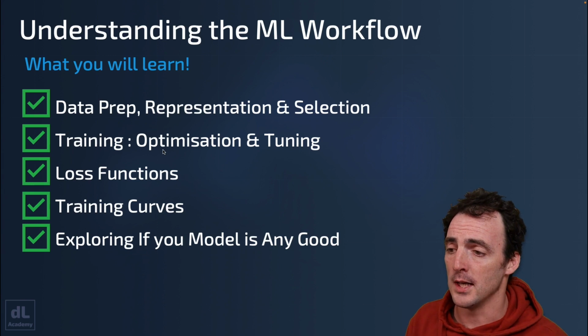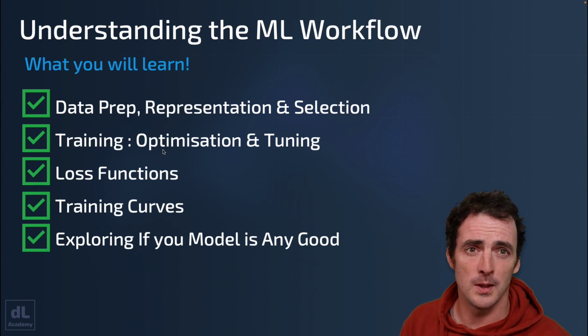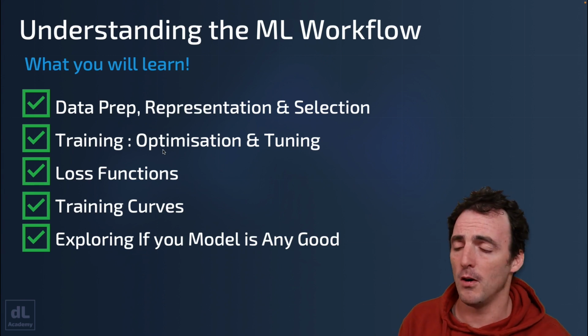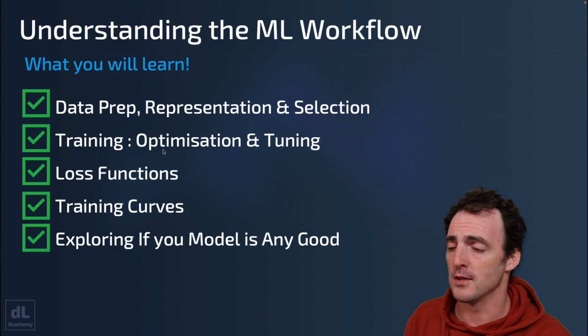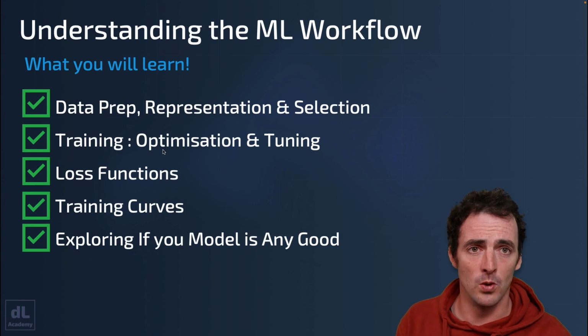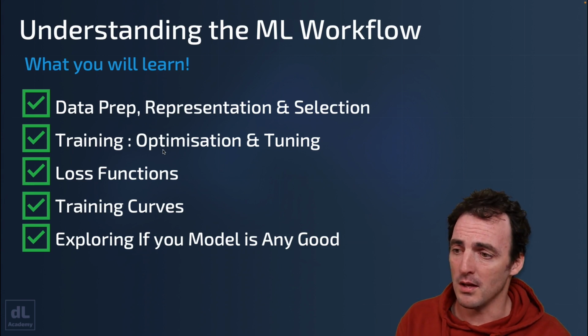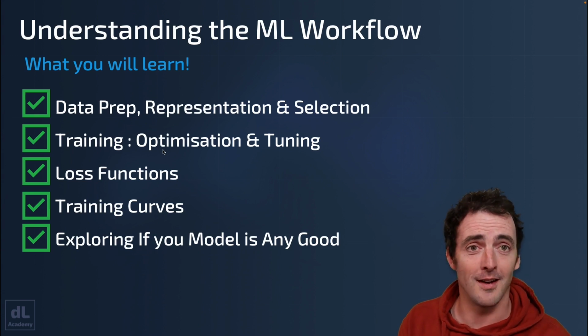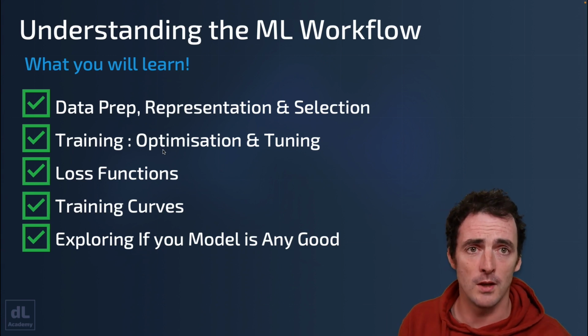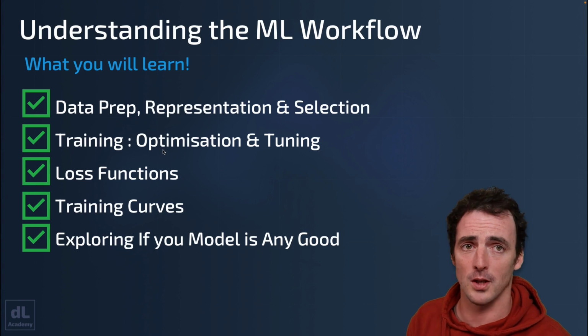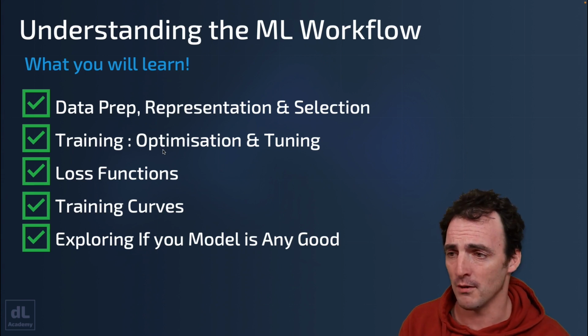And then finally, a really important part of machine learning, particularly in areas that digiLab look at, is that often the machine learning algorithm is used in safety critical applications. So we really need to be sure that the model is good. Will it generalize? Will it give safe predictions? There's a whole suite of techniques, plots and metrics that you can pull out of your model to gain confidence in its ability to generalize.